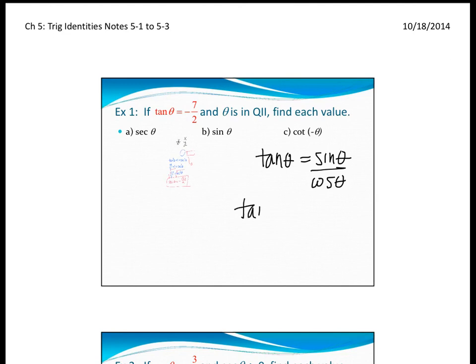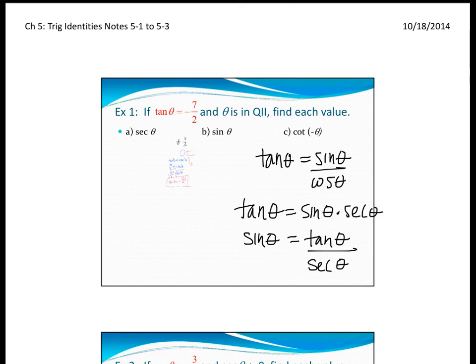So I can say that tan theta equals sine theta times secant theta, and then I can divide secant theta over to the other side. So I know that sine theta is equal to tan theta divided by secant theta.